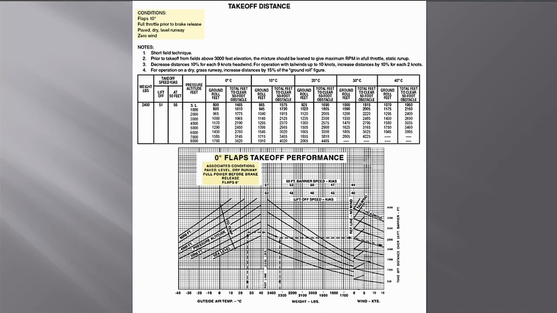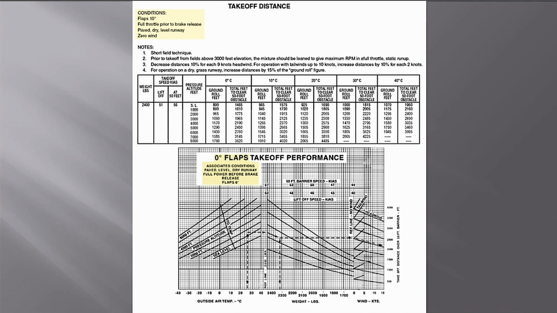Where was that standard datum plane? Sea level is sea level. The standard datum plane is wherever 29.92 exists. It could be higher or lower than sea level. So this is my altitude above the standard datum plane. I find this by rolling 29.92 in my altimeter setting, and then I read it on the altimeter.